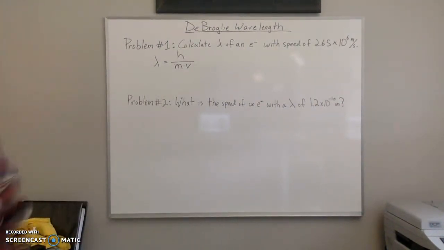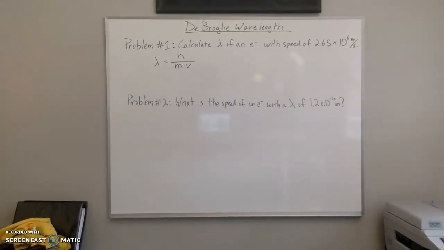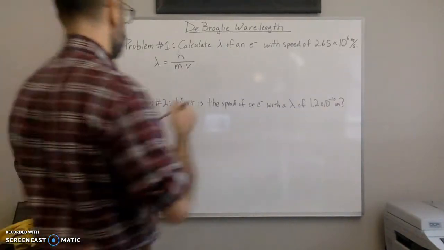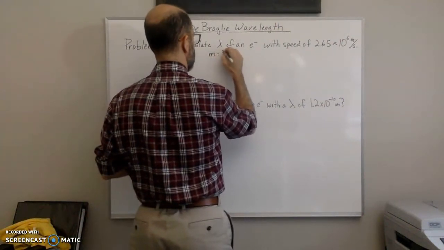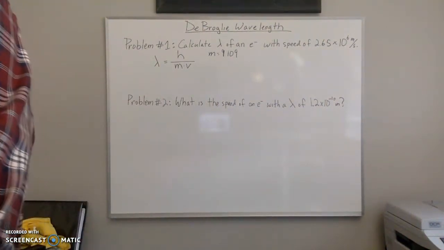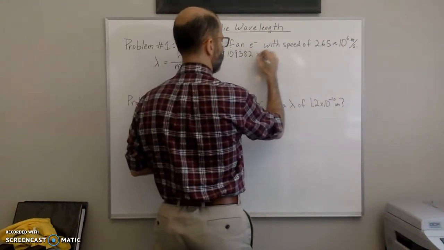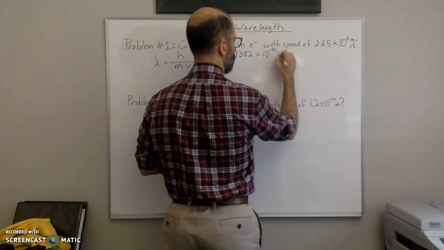So if we look up the mass of an electron, the mass of an electron is 9.109382 times 10 to the negative 31 kilograms.